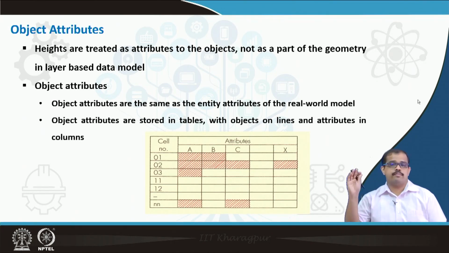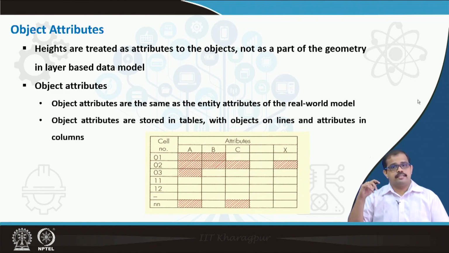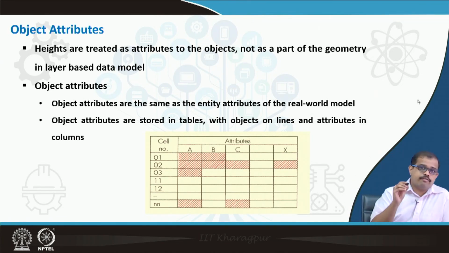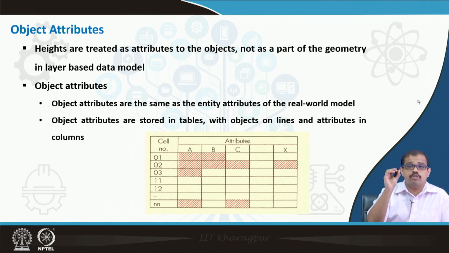If they have collected information about 4 buildings, say the first building is computer science, the other is electrical engineering, the third is the PCBA block where my department is, and then maybe chemical engineering. When we look at all of these 4 buildings, the height of a building becomes an attribute of an object or an entity.